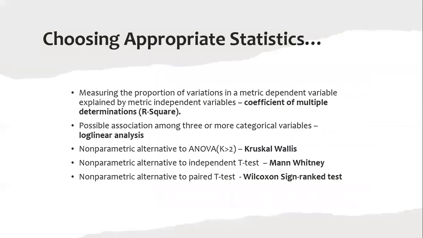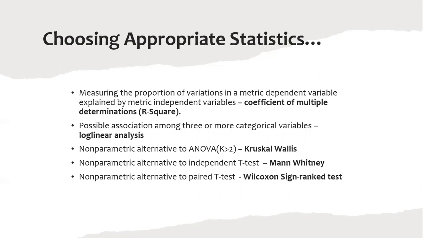An extension of the beta coefficient is the coefficient of multiple determination, that's R-square, which measures the proportion of variation in a metric dependent variable explained by a metric independent variable.